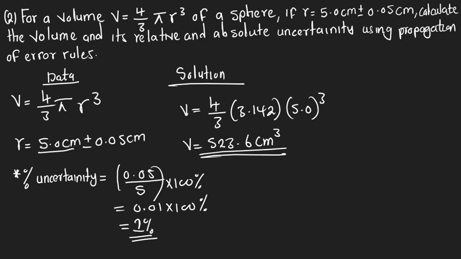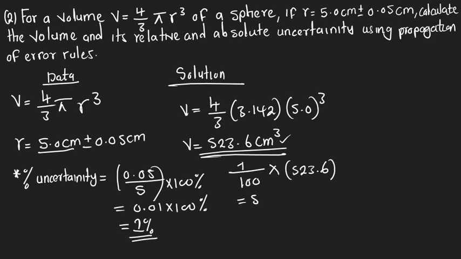This same 1%, this same percentage uncertainty, put it in rational form. So it will be 1 over 100. Then you multiply it with the volume which you found. So you're going to say 1 divided by 100 multiplied by 523.6.